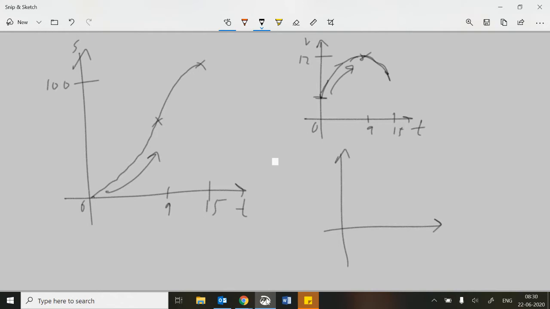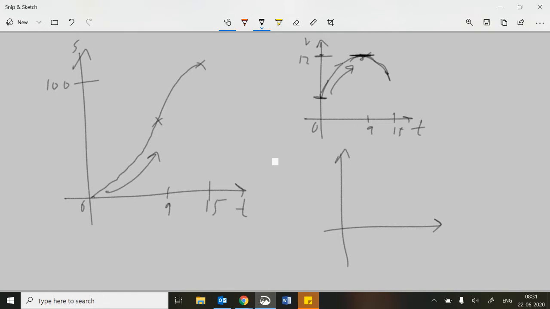So the velocity is increasing, so that means we've got a positive acceleration there in 9 seconds. So velocity is increasing, but it's increasing less and less until we get to that top part. The rate of change of the velocity is decreasing. So the acceleration is still positive, but the rate of change of the acceleration is decreasing.